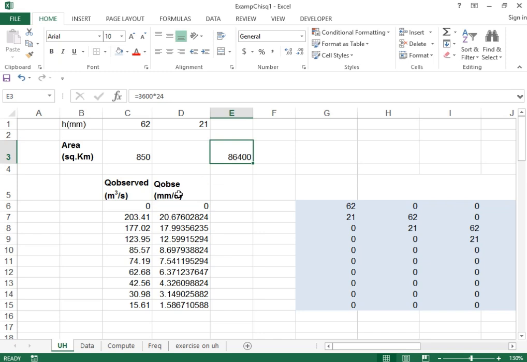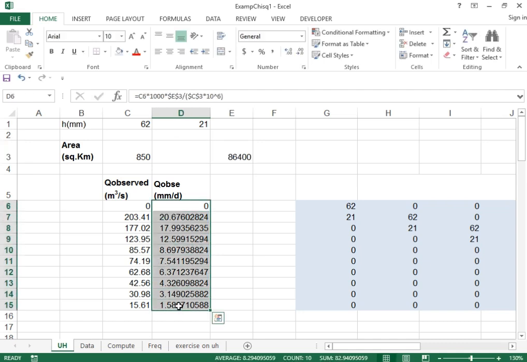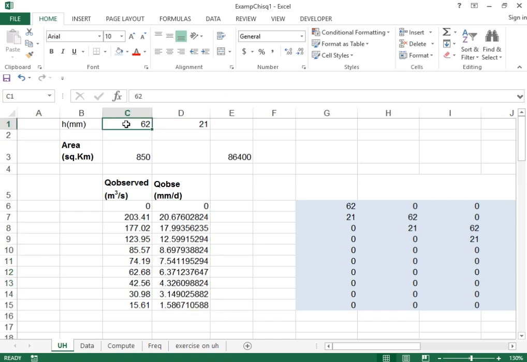This one uses the number of seconds in one day. Therefore we have this discharge. Okay, we have provided this discharge, and the precipitation values are H1 is 62 and H2 is 61.